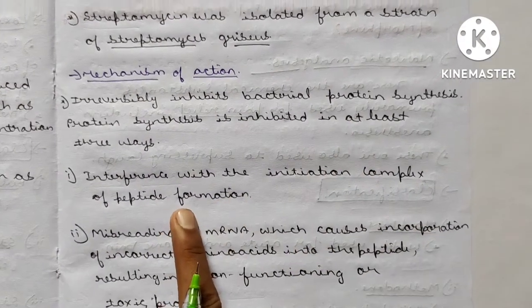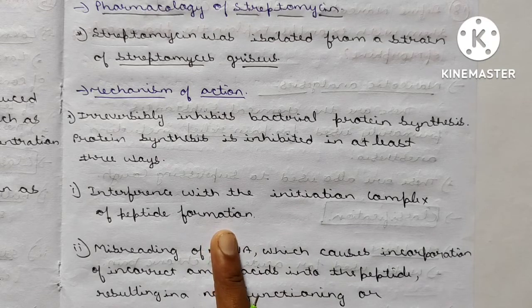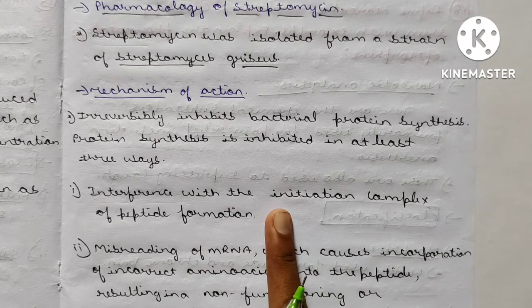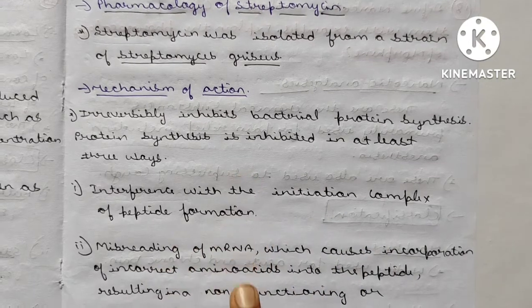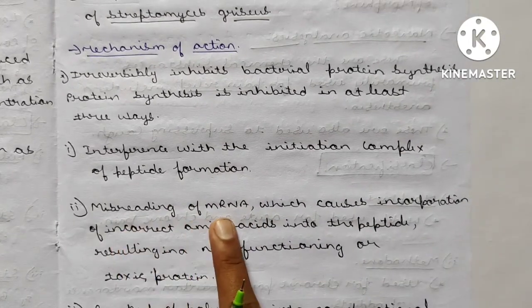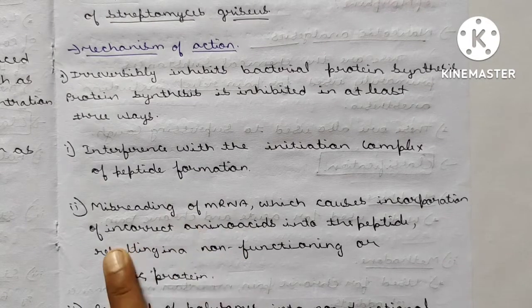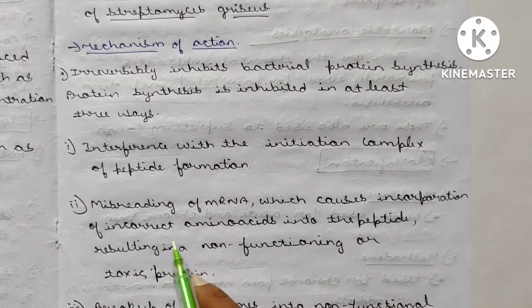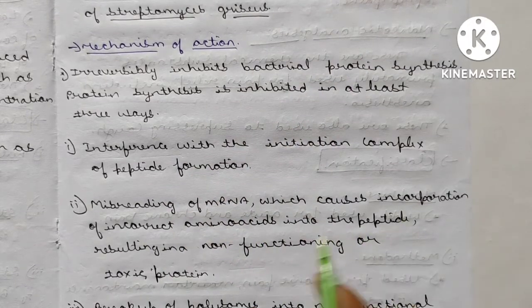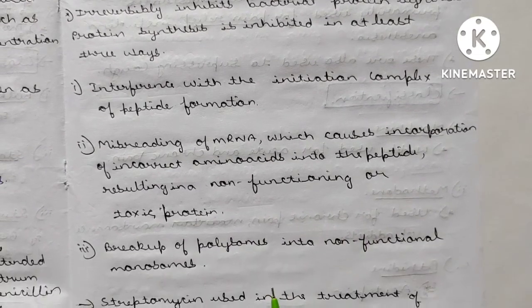See, interference with the initiation complex of peptide formation. You know that initiation complex, the first complex, they will attack the initial complex of the protein. Then misreading of mRNA. After attacking this, what happens? The mRNA strand gets misread, which causes incorporation of incorrect amino acids into the peptide, resulting in a non-functioning or toxic protein.